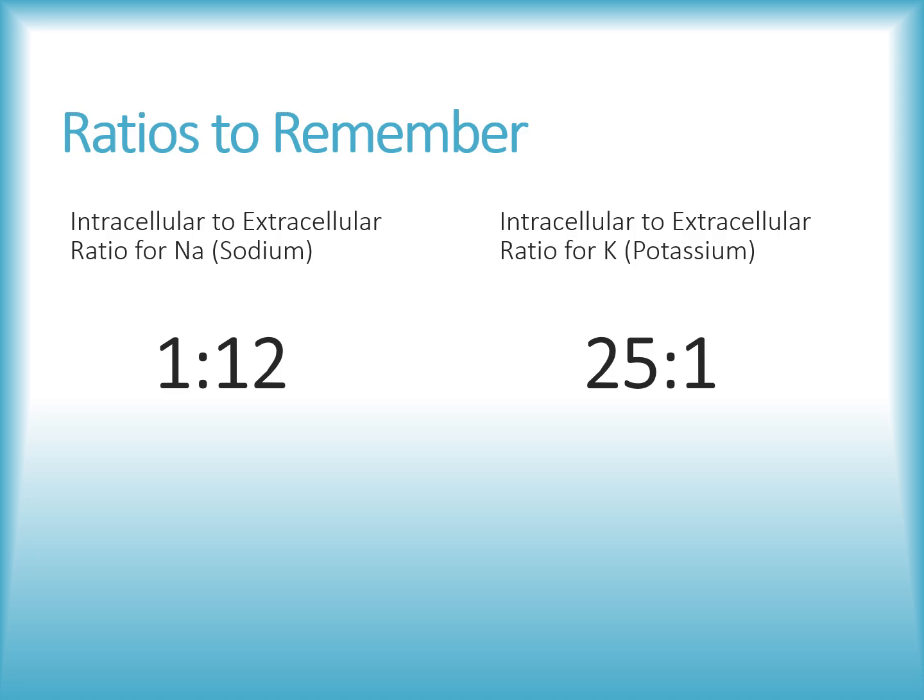Our intracellular to extracellular ratio for potassium is actually the opposite. We have 25 guests at the house party inside the cell of potassium, and then one lonely guy outside knocking to get in. And that is why hemolysis is such a problem when doing analysis within the lab, because when those red blood cells rupture, all of that potassium that is intracellular now goes out into the circulating plasma.